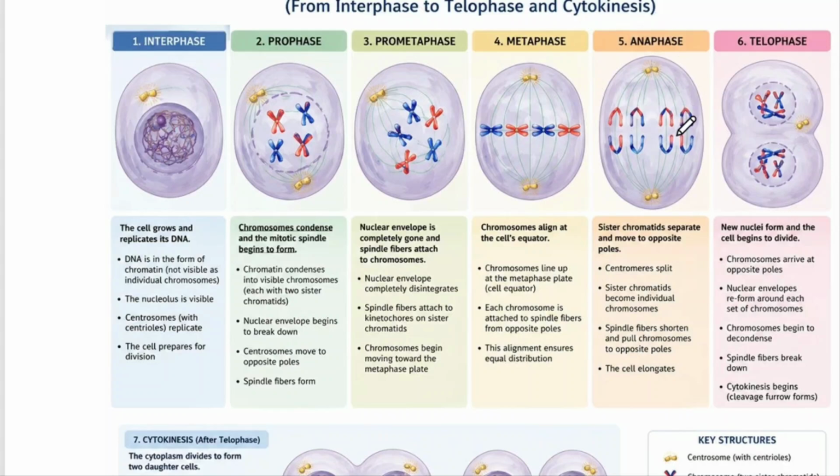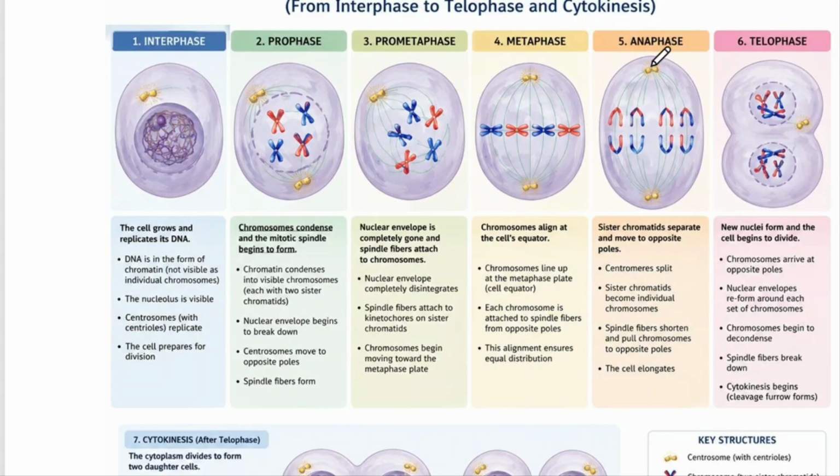Next is anaphase. The centromere splits, allowing the sister chromatids to separate, and each chromatid is now considered an independent chromosome, and the chromosomes are pulled toward opposite poles.